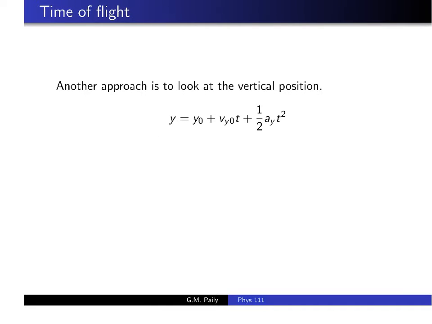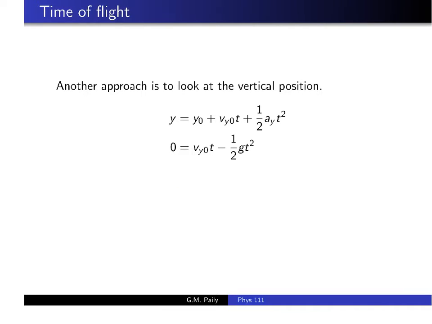Let's look at another way to find the time of flight. Here is an expression for y as a function of time related to the various constants. If we assume that the launch height and the landing height are the same, then we can cancel y and y0, and that leaves us with this equation.